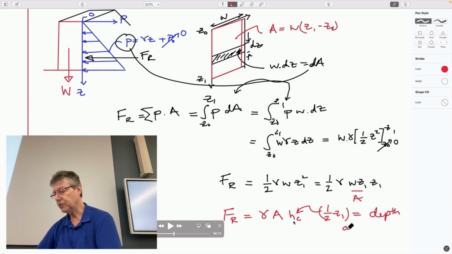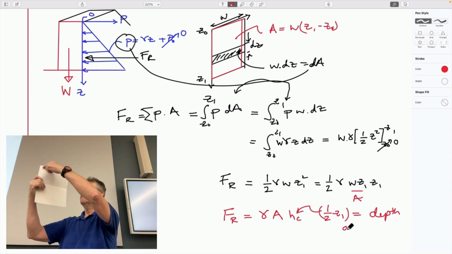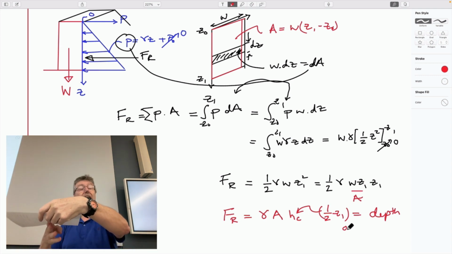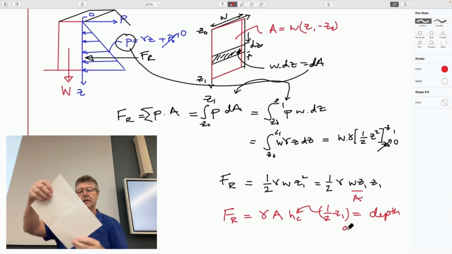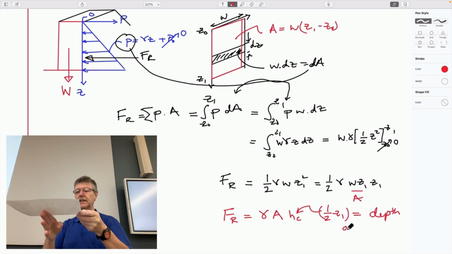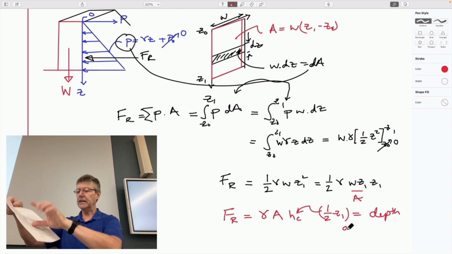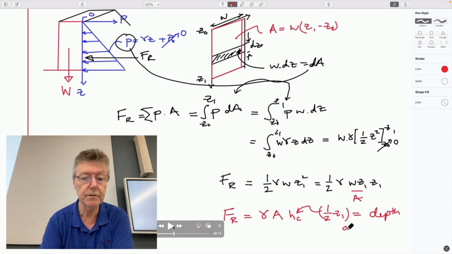And so the depth of the centroid for that plate would be, if this is the plate, if you draw a line from corner to corner, the balance point, if you like, of this particular sheet. And so the centroid of this, center of gravity, if you like, is the point where it would balance if it wasn't bending over. And that, whatever that depth is, is going to be the depth of the centroid below the surface. So that's one thing that we'll deal with.